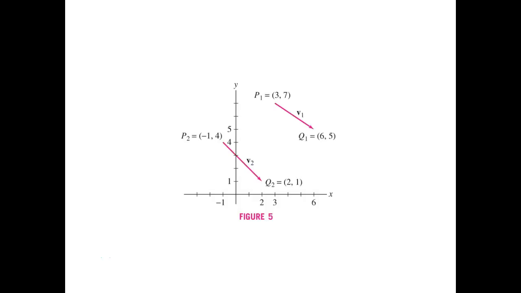What's the component of vector V2? 3, negative what? 3, negative 3. So guess what? Not equivalent vectors. Okay? Same x component. This has a y component negative 2. This has a y component negative 3.